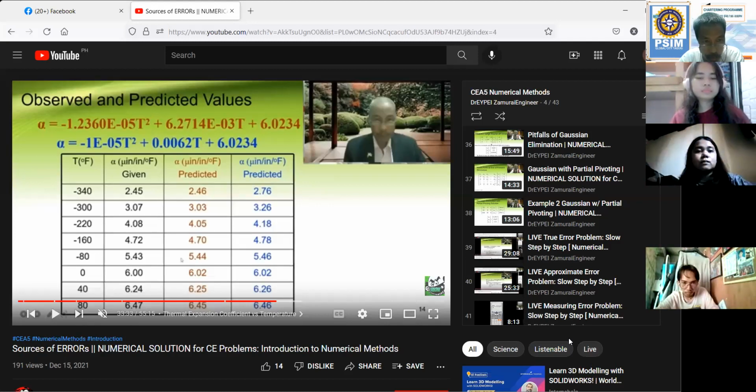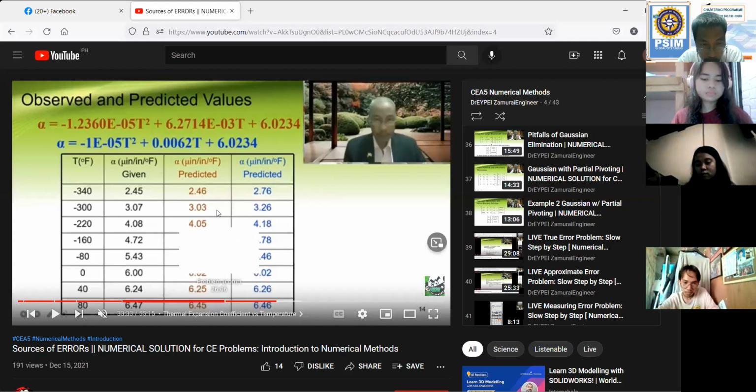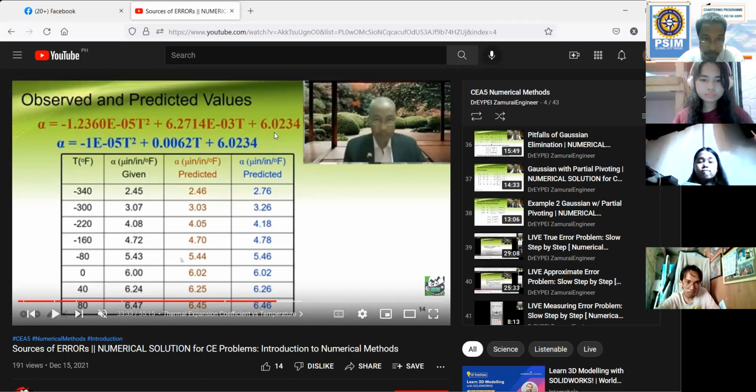Negative 340, 2.45, predicted. 2.45 is the value given in the table, and the red column are values under prediction, and the blue column is also another type of prediction. So there are two types of formula. We are using the upper formula here, the red part, and the blue part is the lower formula. So we are using the upper part.